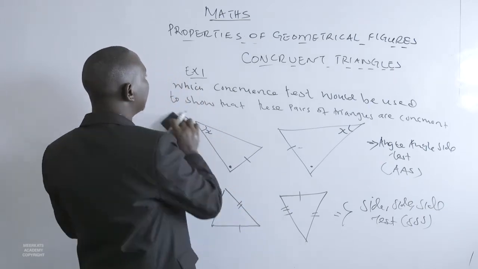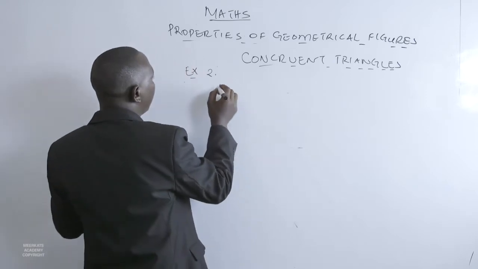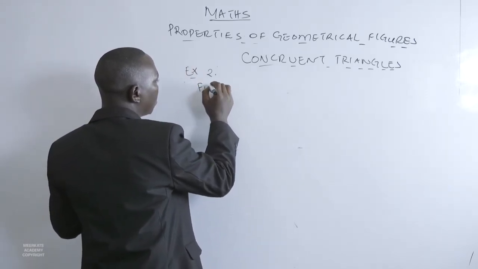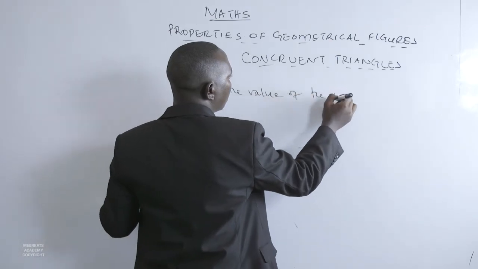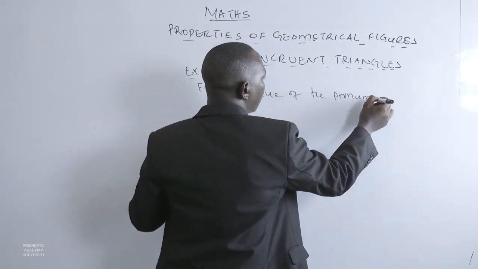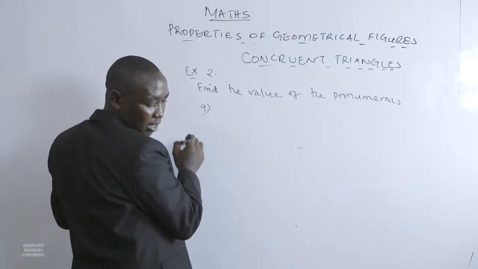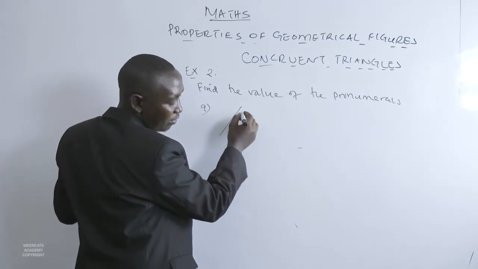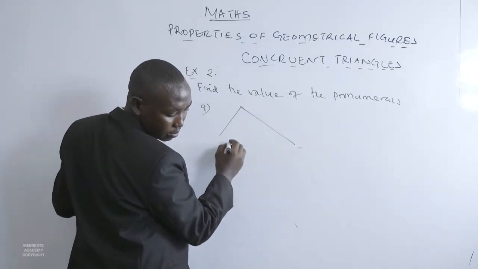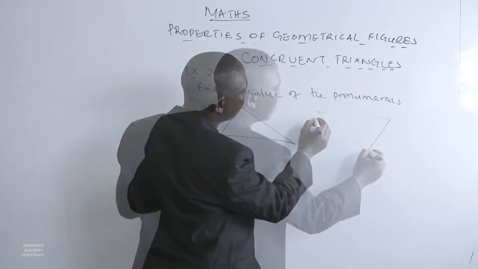Another example, example 2. We are told find the value of the pronumerals. Part A, we have a triangle. There are two triangles.